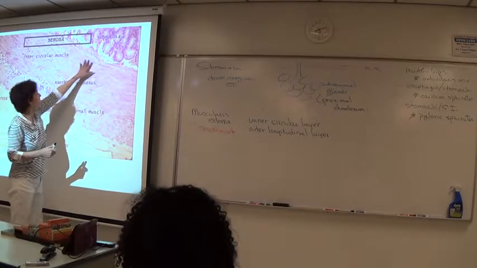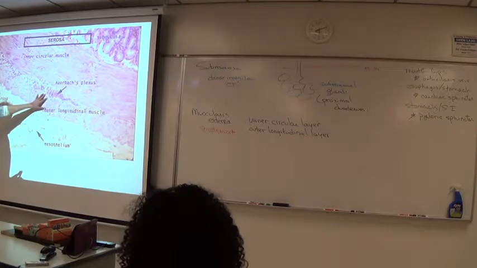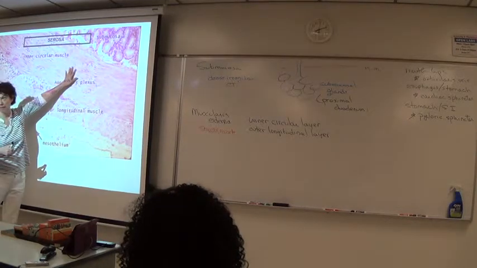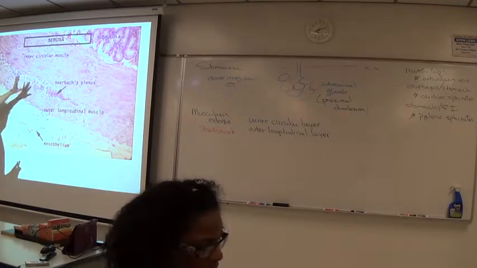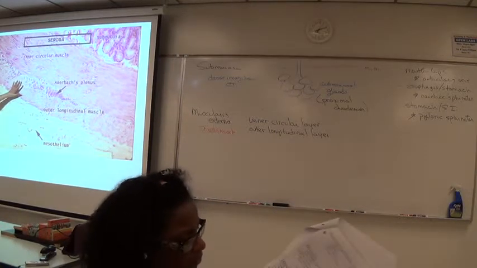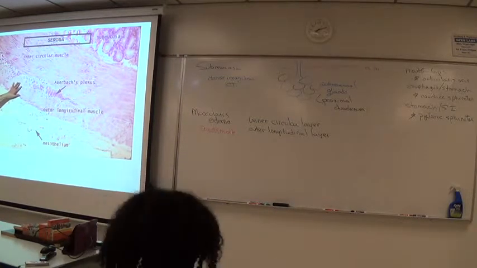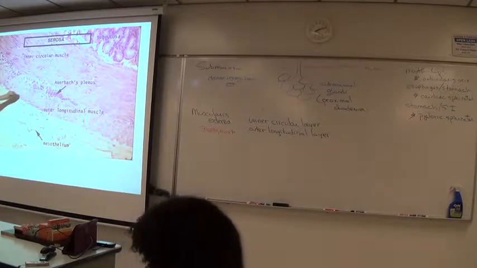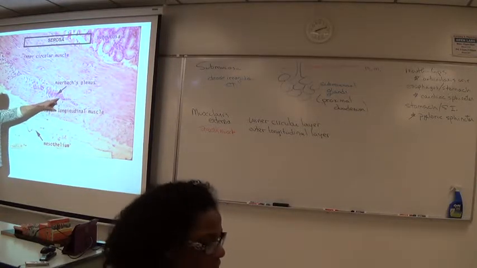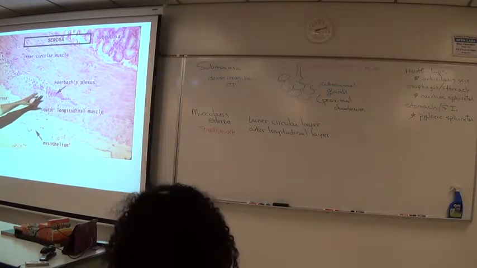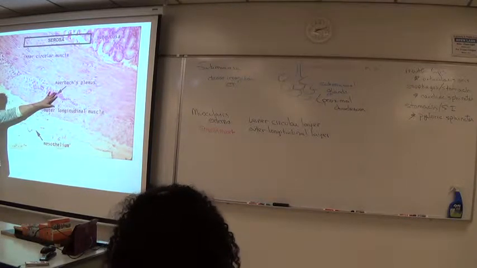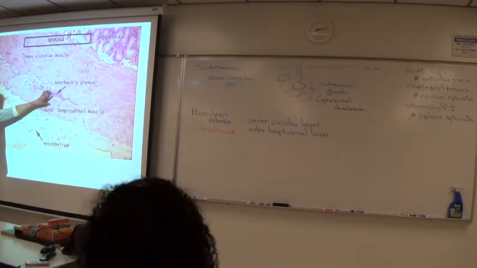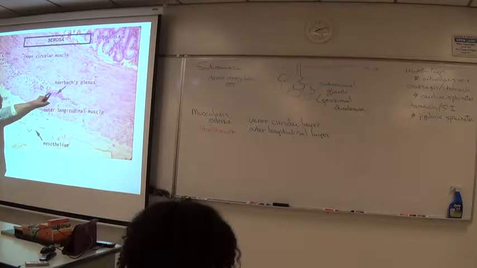So then we have our muscularis externa with smooth muscle in the inner circular layer, longitudinal muscle in the outer layer, right? And remember we talked about the enteric nervous system of the small intestine when we did the autonomic nervous system last semester. We'll talk more about this on Thursday.